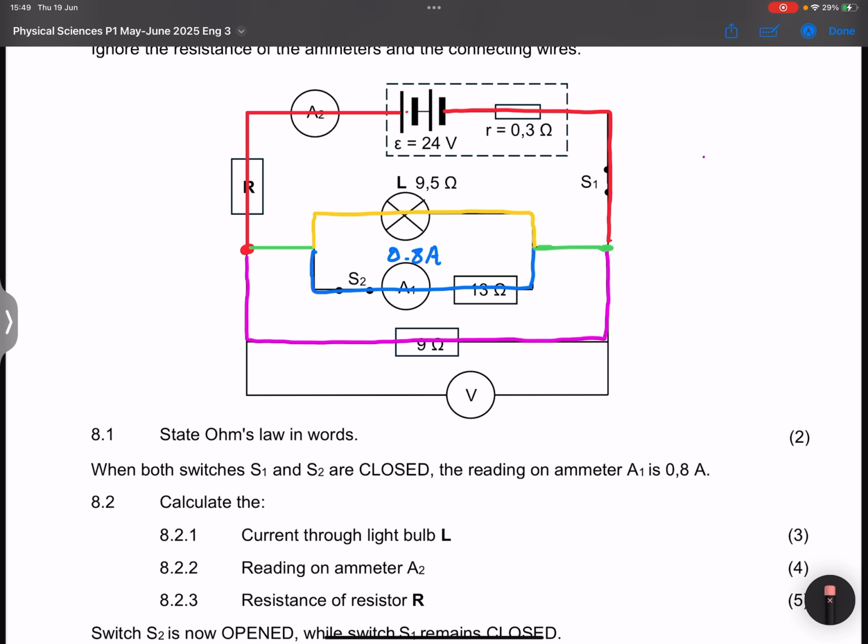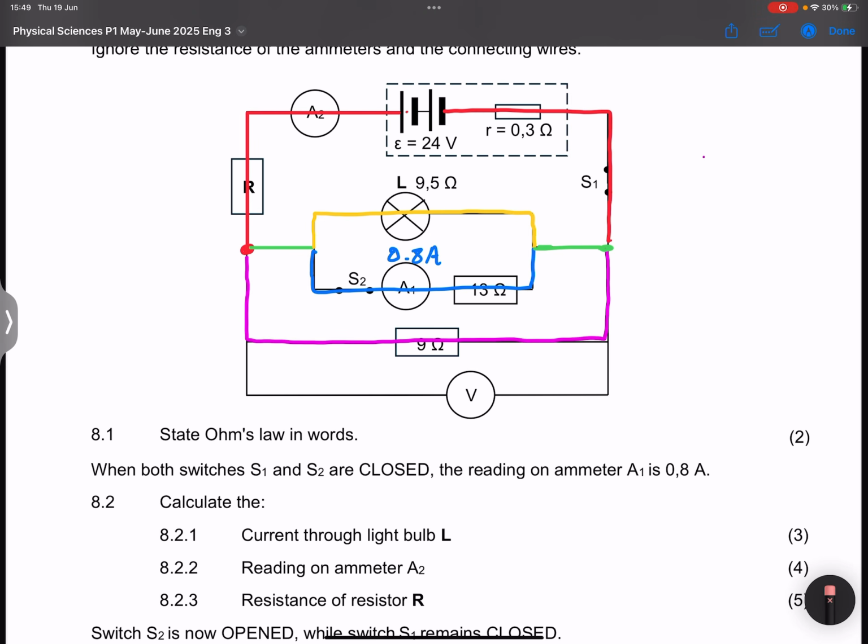Right, now let's start here. Firstly, we don't know the voltage across light bulb L, but we can find that voltage. Remember that in parallel, voltage is the same. Please remember that in parallel, voltage is the same.